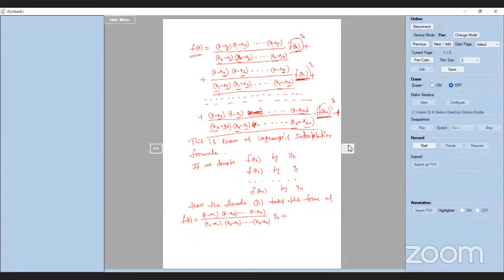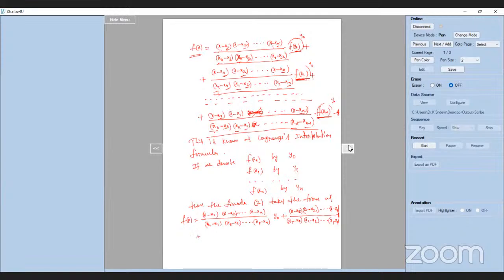The second term is x minus x0, x minus x2, and so on, x minus xn divided by x1 minus x0, x1 minus x2, and so on, x1 minus xn, into y1.